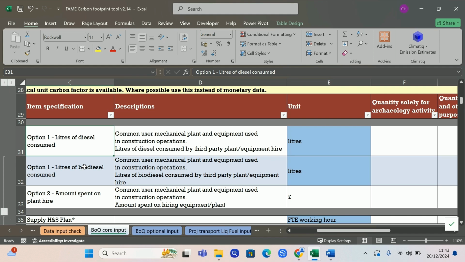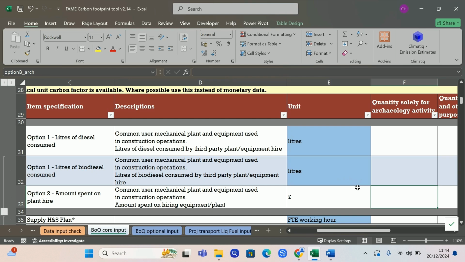But because the estimation done in the soil and excavation tab is more accurate than using option 2 here, if it is possible to separate the spend on excavators from the spend on other plant and equipment hire, then it's better to input the spend on other plant and equipment hire here, but then do the excavator emissions in the other tab.